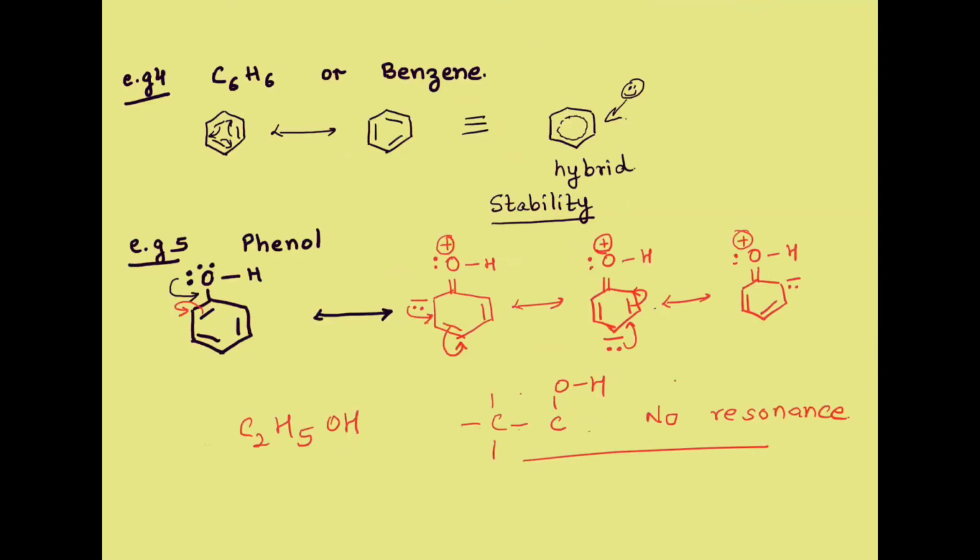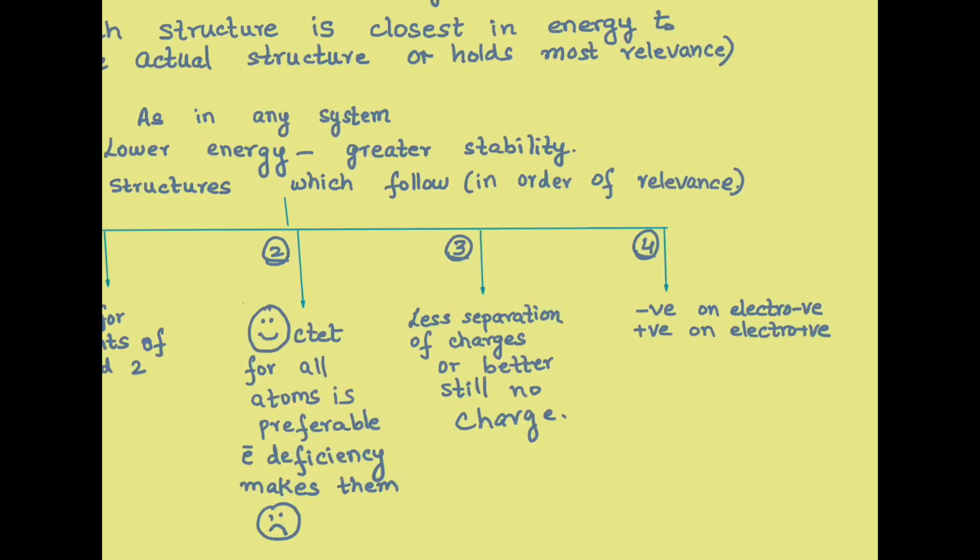No charge. So if I see the structure of phenol, what is happening over here? So you see, positive, negative. Now negative has moved. See the distance. The charge separation is increasing, right? So the contribution of this structure will be lower compared to the other two.